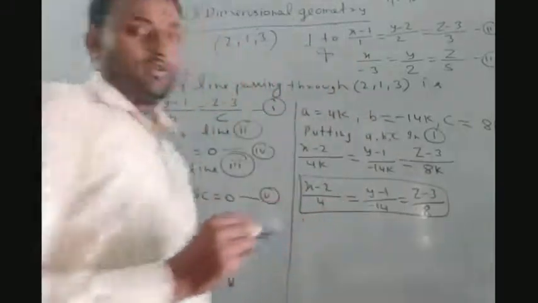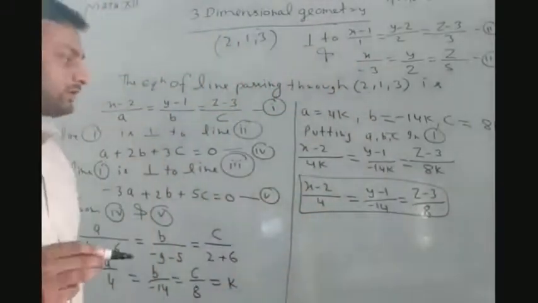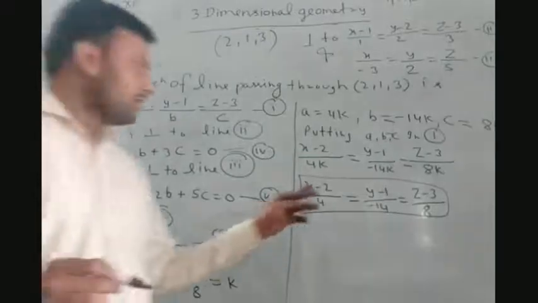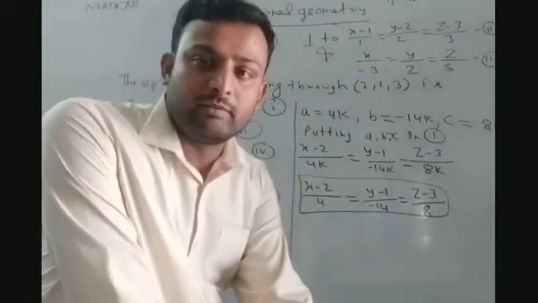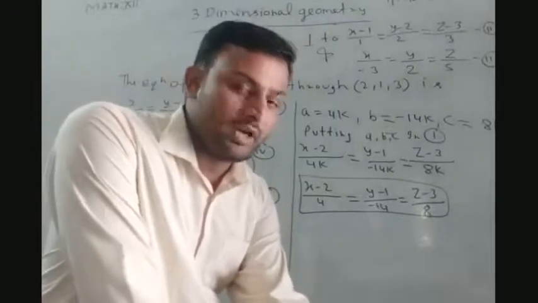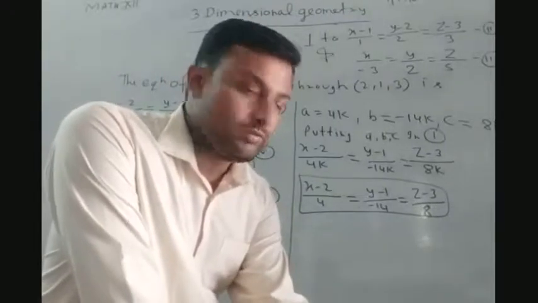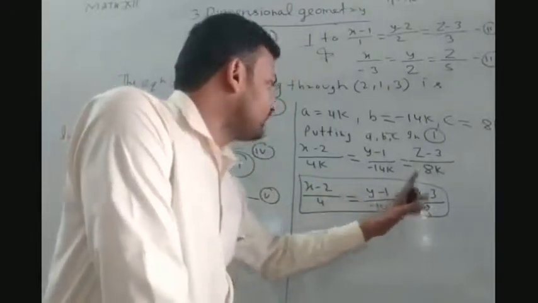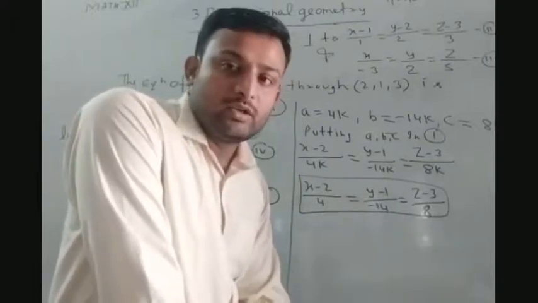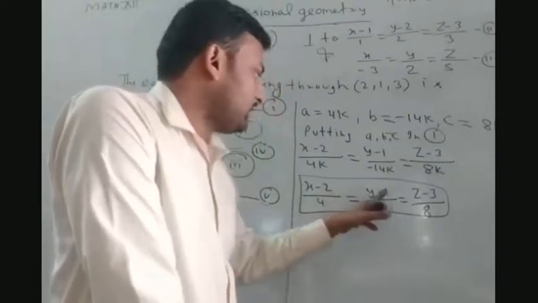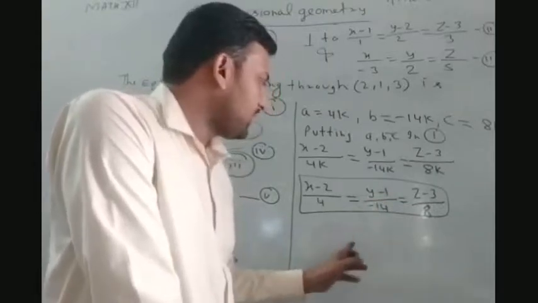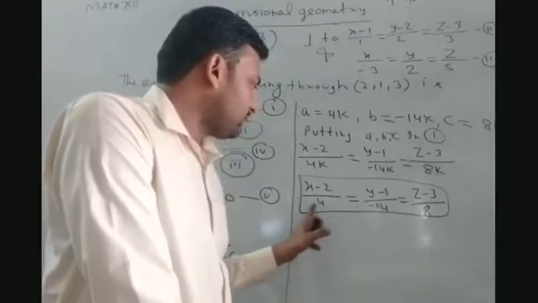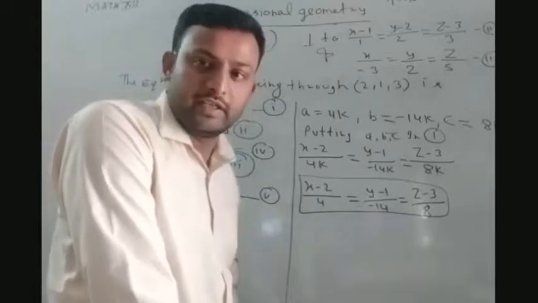Now the vector equation of the line will be what? We will write it in the form r is equal to a plus lambda b, where a is the point through which it is passing. So the point is 2, 1, 3. So r is equal to 2i plus j plus 3k plus lambda times b, and b is 4i minus 14j plus 8k.